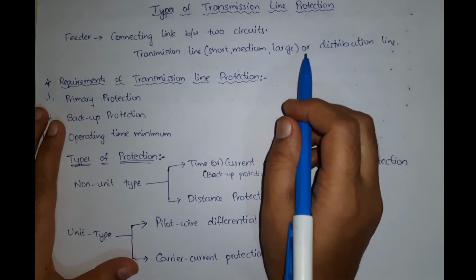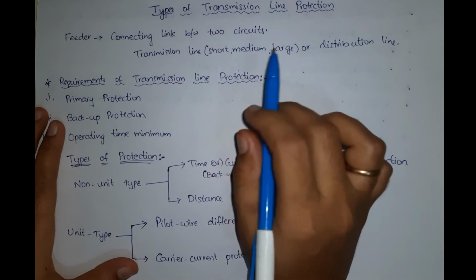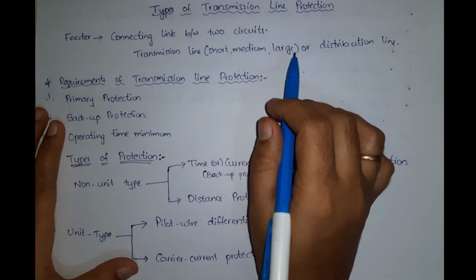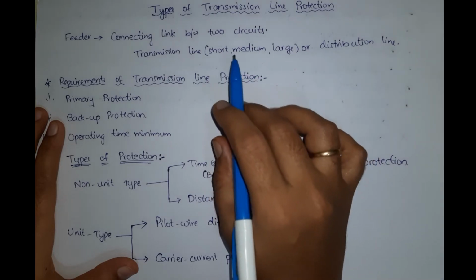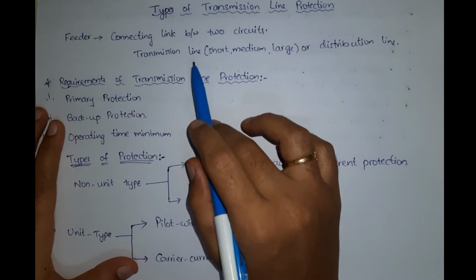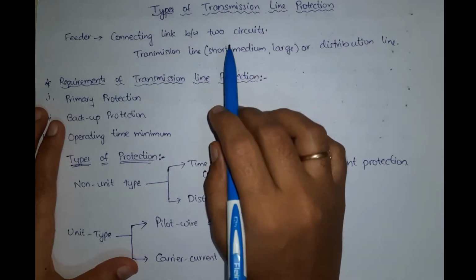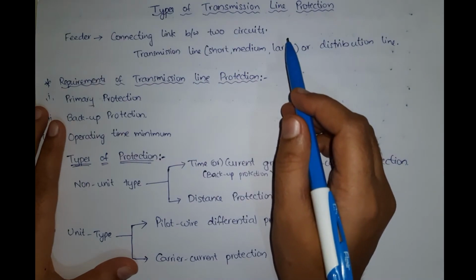Generally the word transmission line may be interchanged with feeder, and feeder sometimes can be called a transmission line. In a power system, protection is mainly required for transmission lines, as transmission lines are laid over long distances and exposed to different atmospheric factors like heavy rain, winds and all.